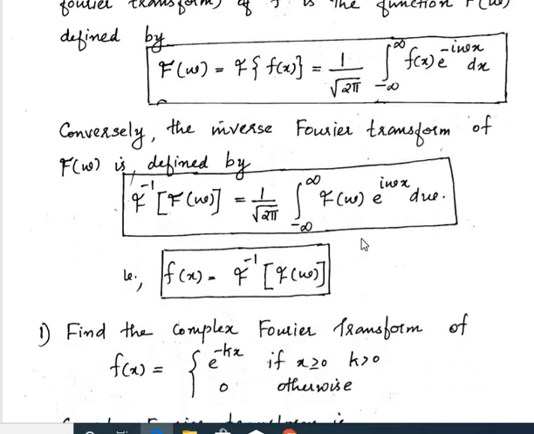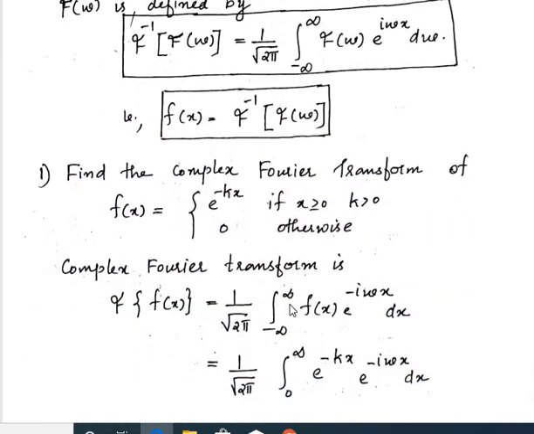This is the formula, 1 by root 2 pi integral minus infinity to plus infinity f of x e raised to minus i omega x dx. Here the function has value e raised to minus kx for x greater than or equal to 0 and 0 otherwise. First we take the value for x greater than or equal to 0, which means the limit varies from 0 to infinity.